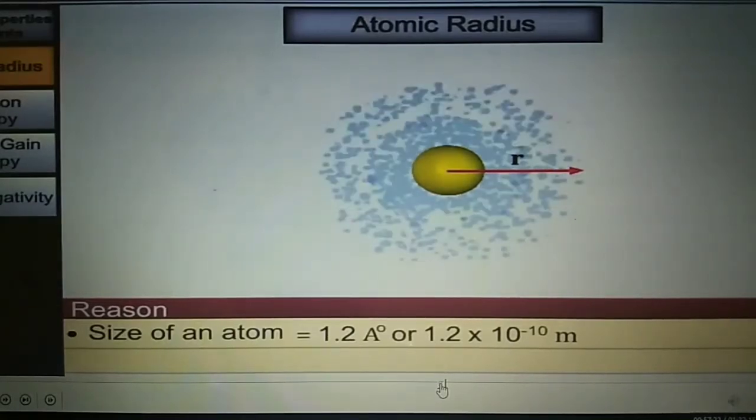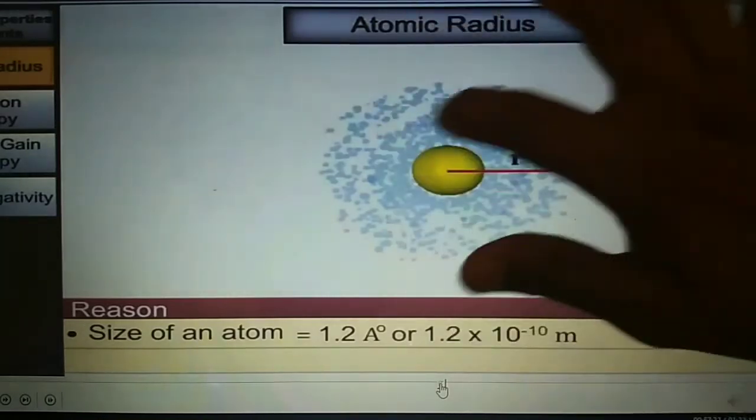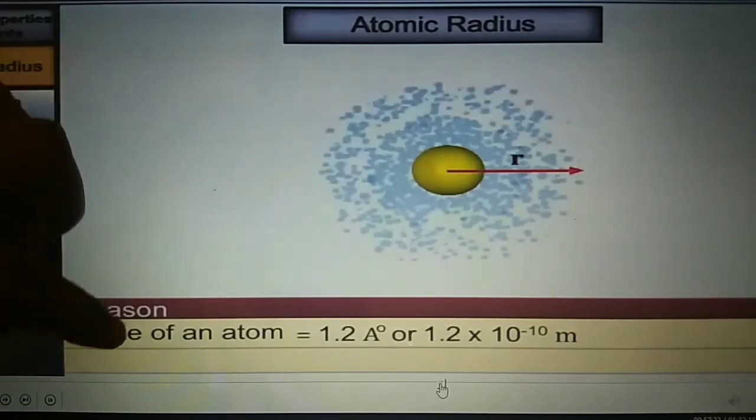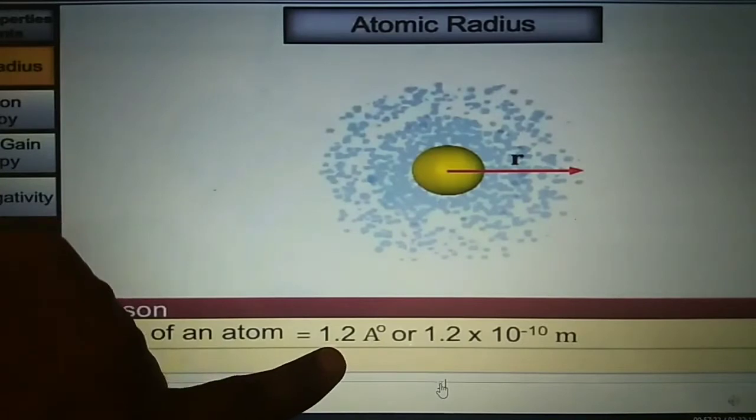So why can we not measure this atomic radius with actual values? We cannot have very defined values for the atomic radius, and one of the reasons suggested is that the size of an atom is very small.